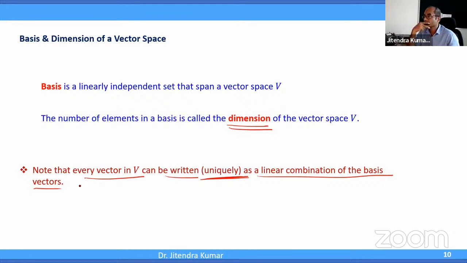In one of the examples, just 2 slides before, we saw that the given vectors were forming a spanning set of a given vector space, but there was a non-unique representation.